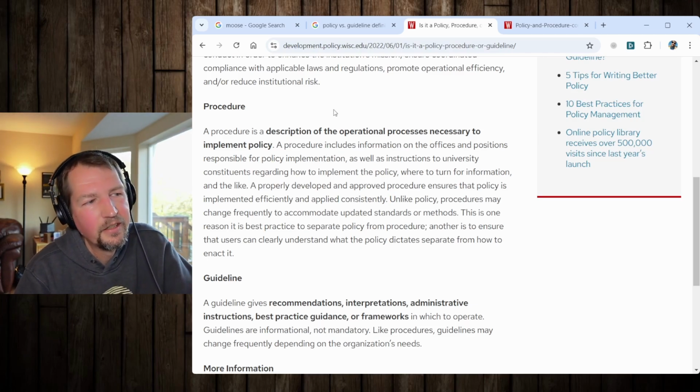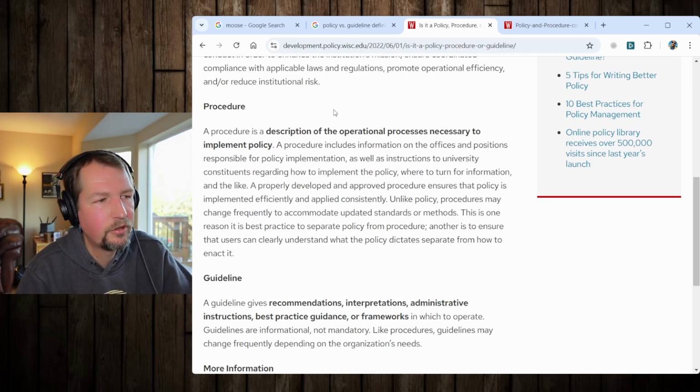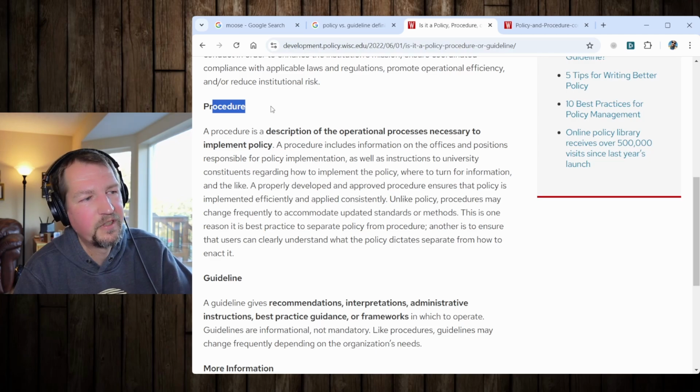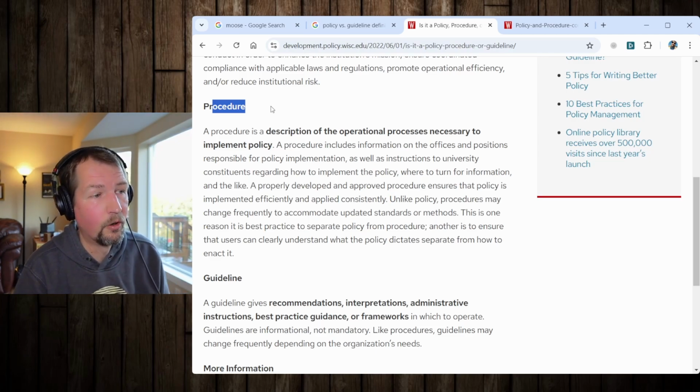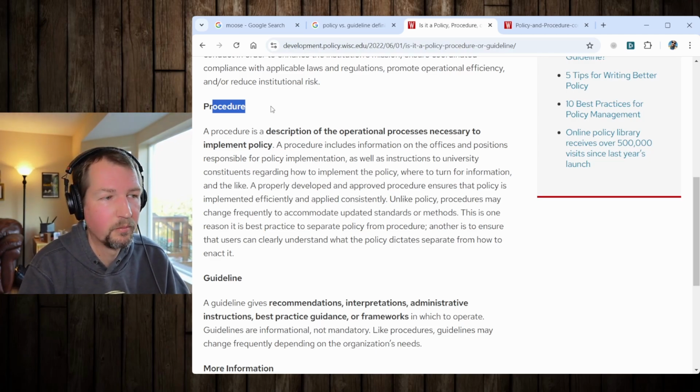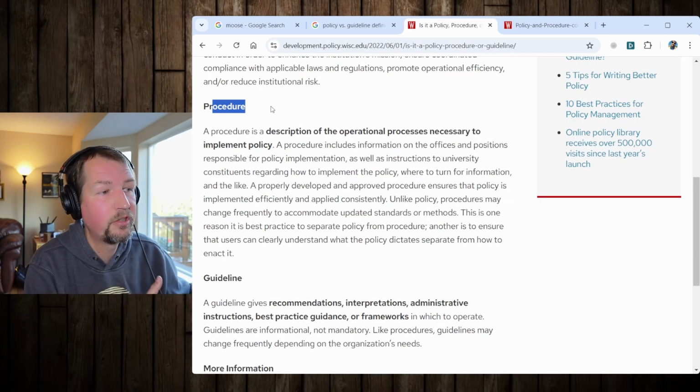Okay. So if you had instructions on how to file an expense report, that would be part of the expense report policy procedure. If, for example, there was a flow where you file an expense report as an employee and it goes to your manager, or you're the manager and you're receiving your employees' expense reports.